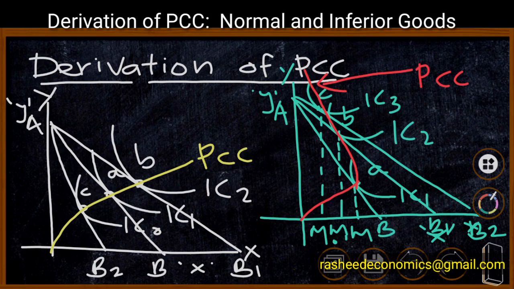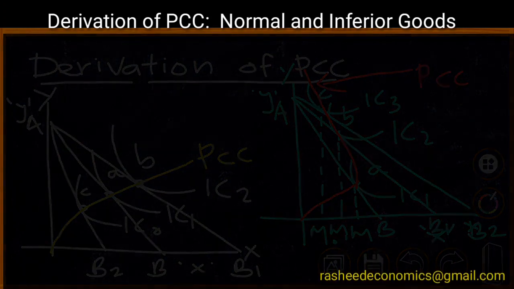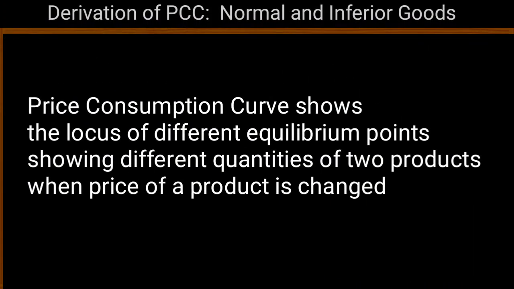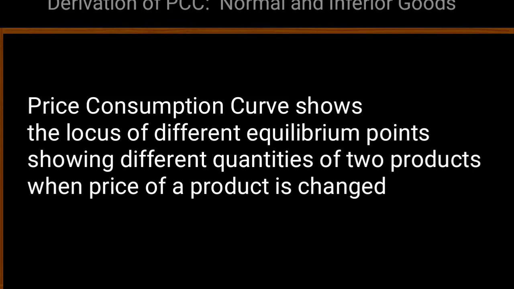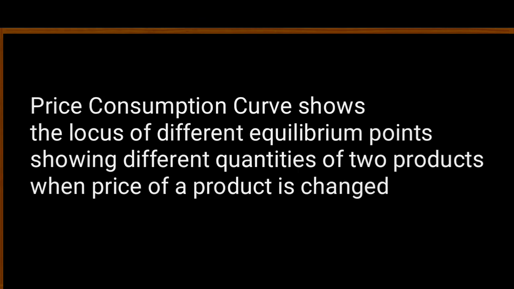Therefore, the price consumption curve shows the locus of different equilibrium points showing various quantities of different products that can be purchased by the consumer when the price of a product is changing.